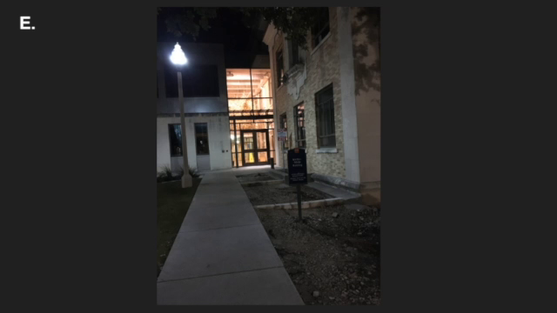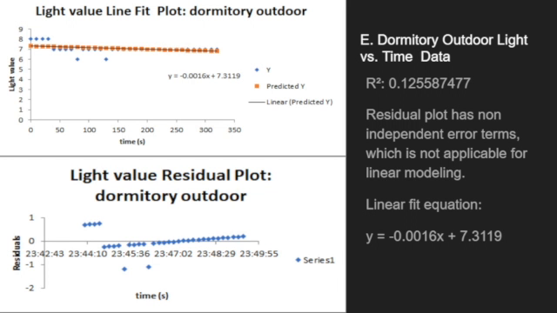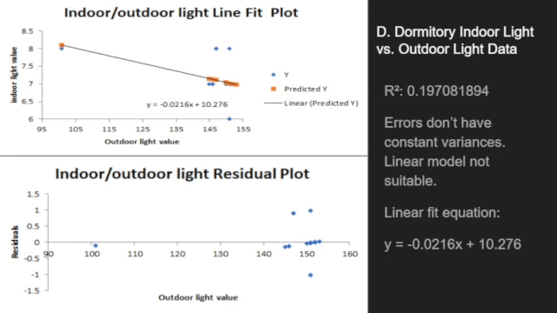So this one is outside of the undersquad. Again, the residual plot has non-independent errors, which means it is not applicable for linear modeling. Again, it is not applicable for linear modeling for the indoor and outdoor light data.